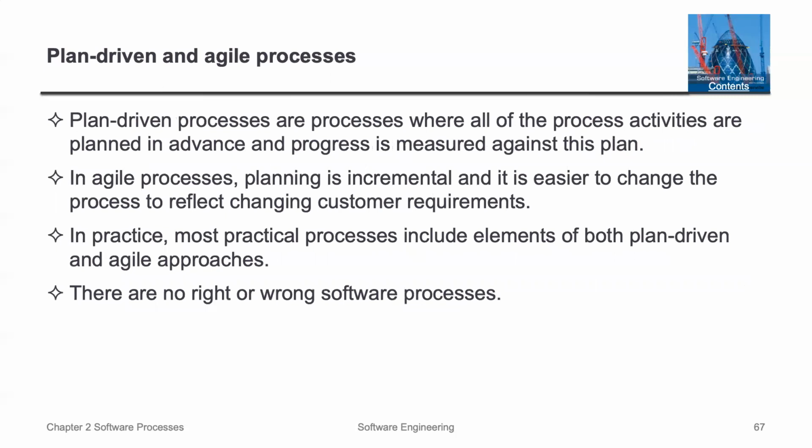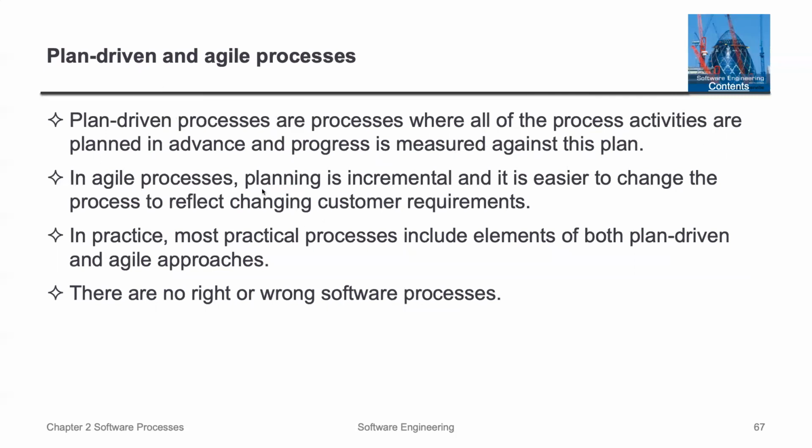So what about plan-driven and agile processes? We'll get some exposure to these. In plan-driven processes, all the process activities are planned in advance, and progress is measured against this plan.